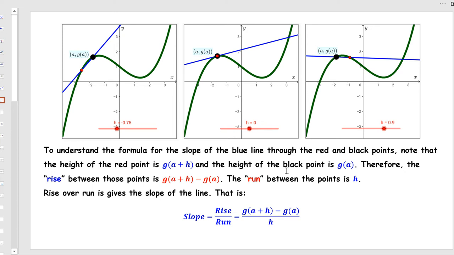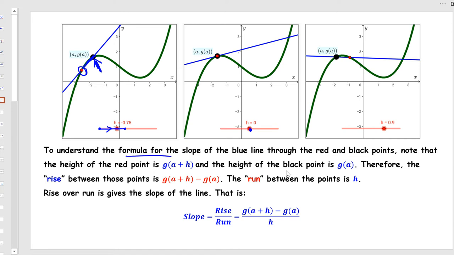Just to recall, here it is. When we are moving from this to this, h equals 0 here. If you try to move up, then the red point is going towards this black dot here.